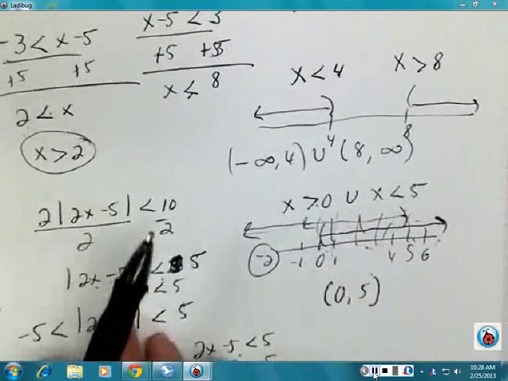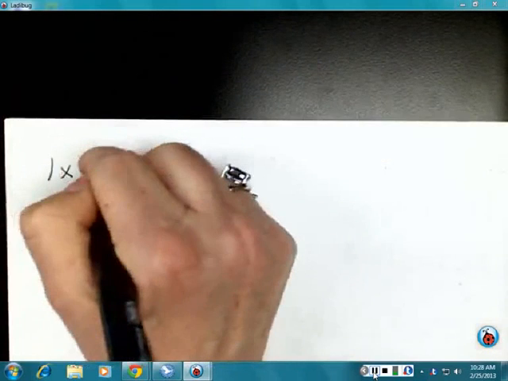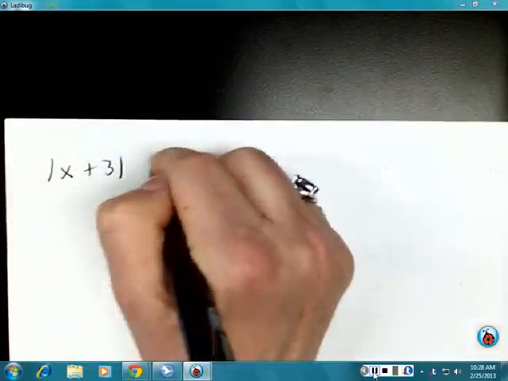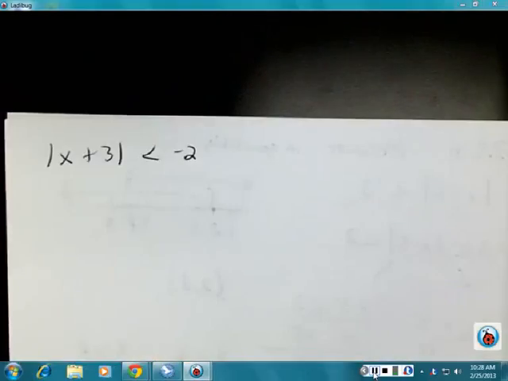Alright? Okay, so let's see what we got for another one here. Absolute of x plus 3 is less than a negative 2. Some of these get special stuff in those too.